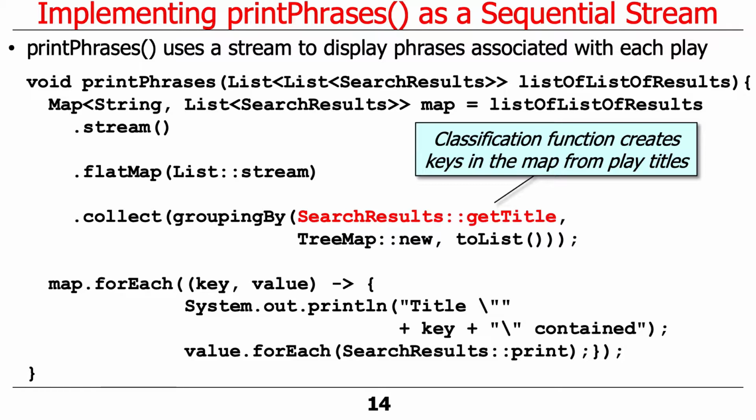As you might expect, what the getTitle method reference does is it simply looks at the search result object that's coming through the stream and calls the getTitle method on it, which will give it the name of the play, like The Tragedy of Julius Caesar or The Tragedy of Hamlet. And it takes that, and then uses that to classify things and make that the key in the map.